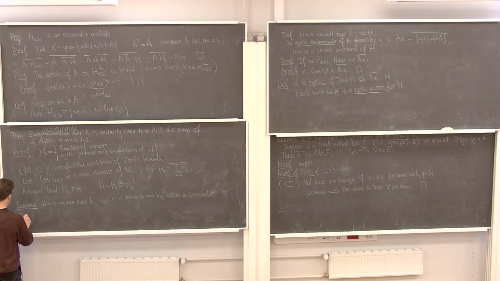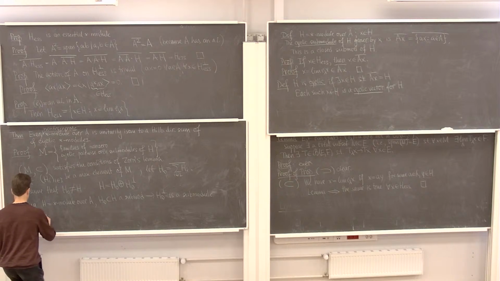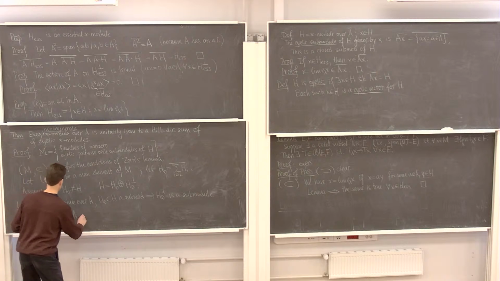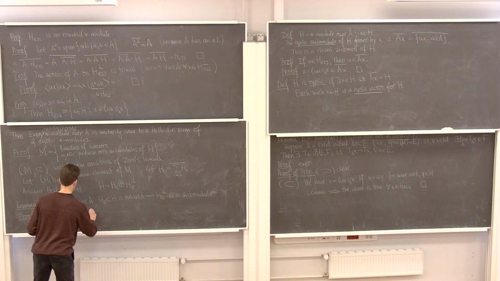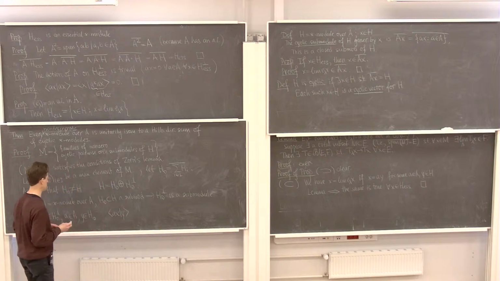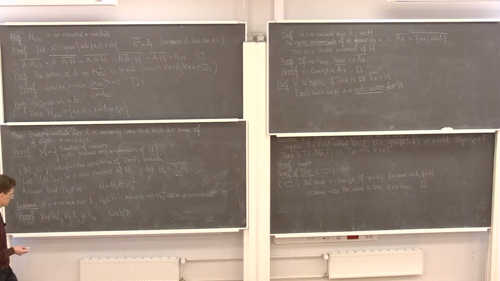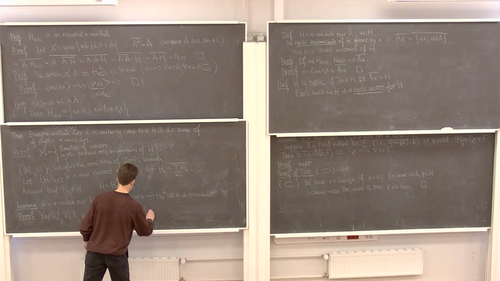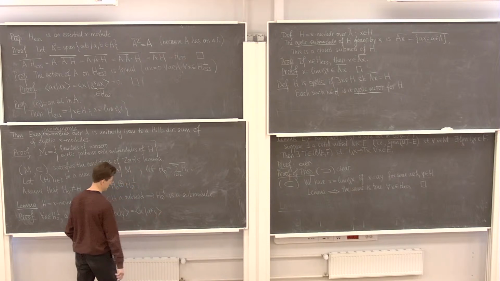The proof is just a line. We take an element x in the orthogonal complement, an element a in A, and an element y in H0, and we look at the inner product of ax and y. To show that ax sits in the orthogonal complement, we must show that this is 0. But this is equal to the inner product of x and a star y.